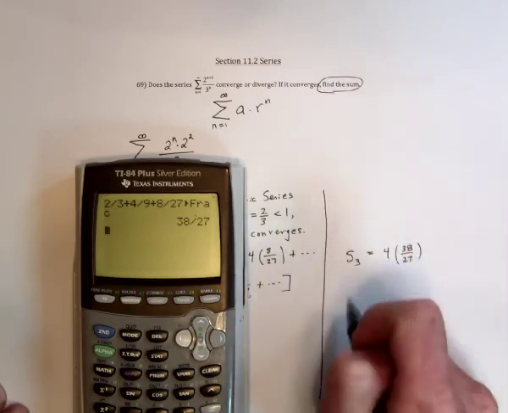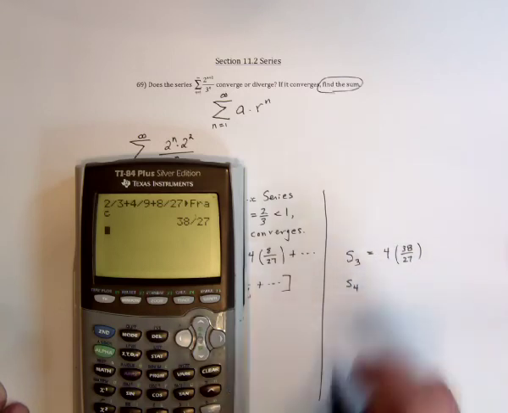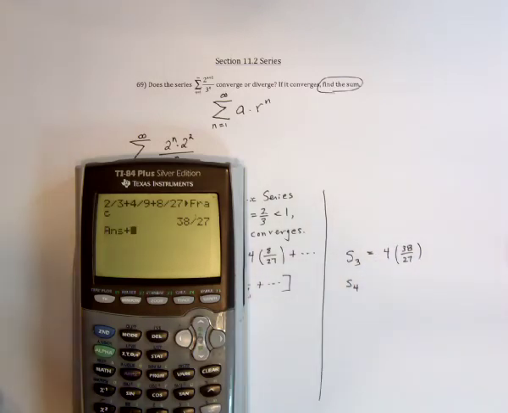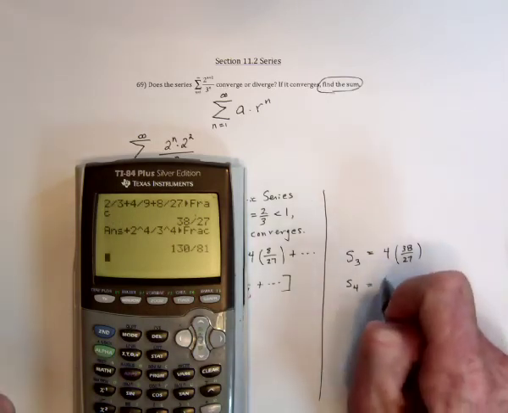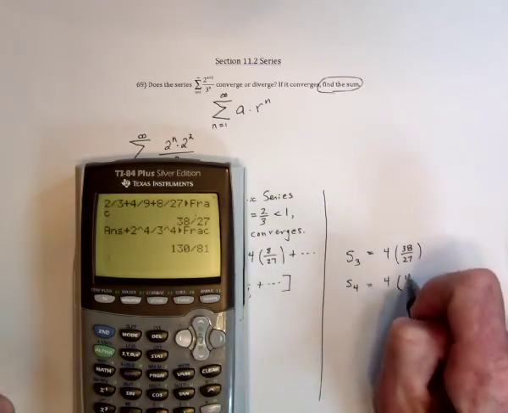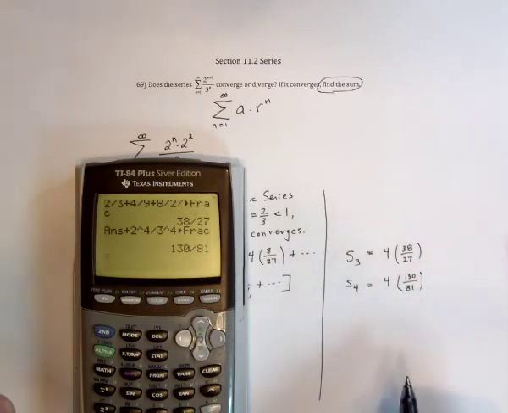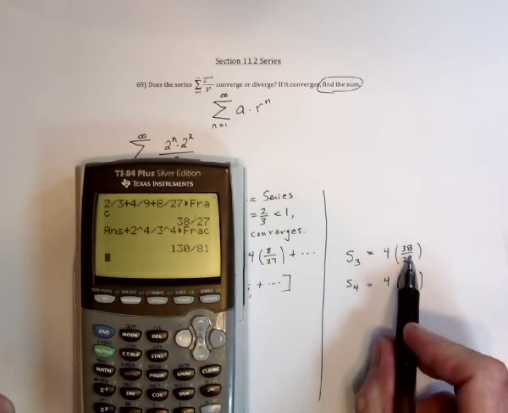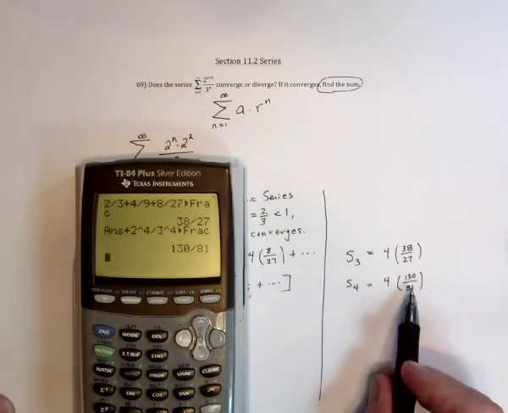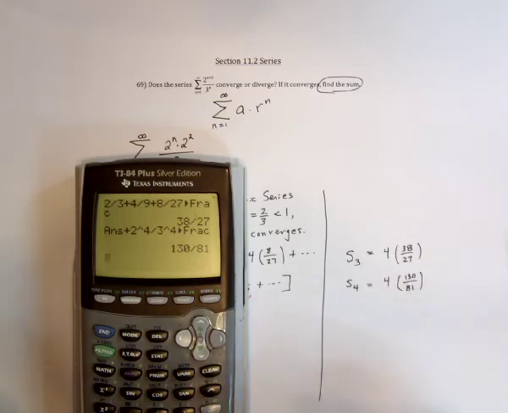38/27. And then S4 would mean add in the next one, which is going to be 2 to the 4th divided by 3 to the 4th. So that's going to be 4 times 130/81. So then the idea is, what number is this becoming when you keep adding up more and more of them?